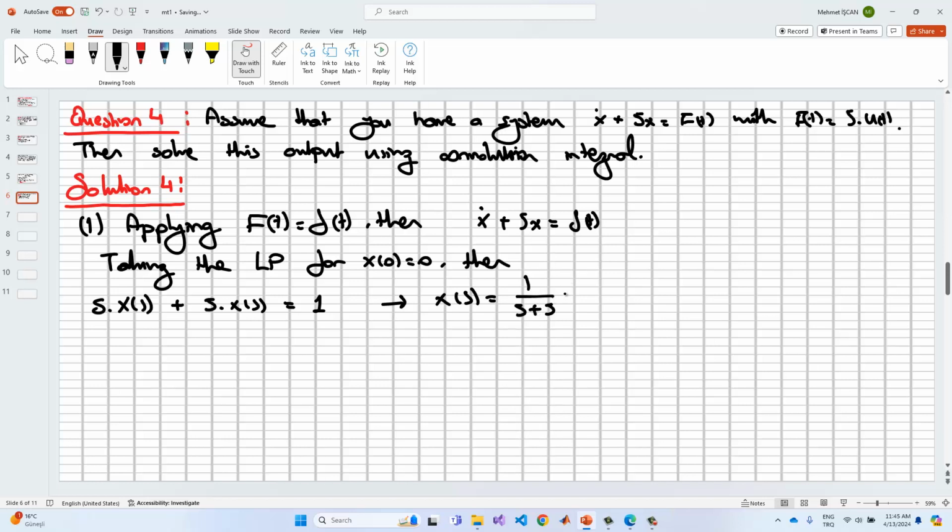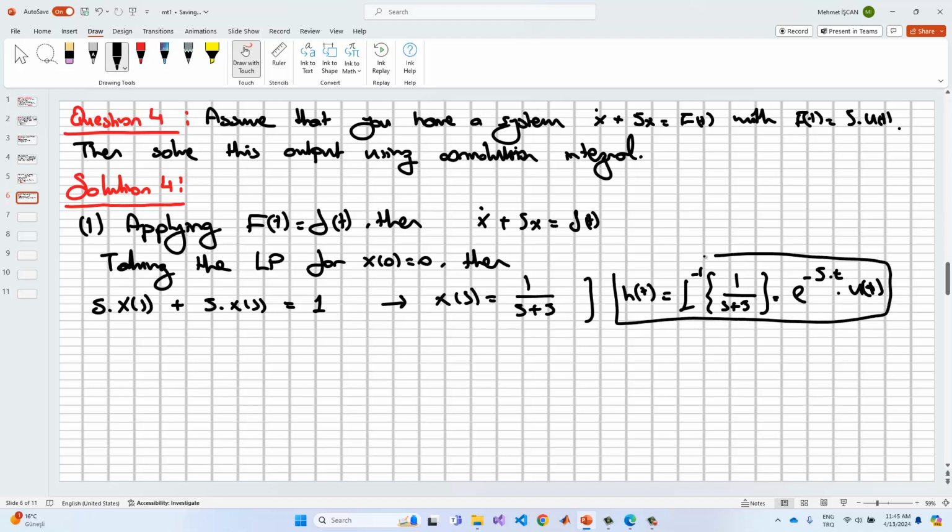Okay, and so taking the inverse Laplace transformation yields the impulse response of this system: L^(-1) of 1 divided by s plus 5, which is equal to e^(-5t) times u(t). Okay, this is the impulse response, the general depiction of the system in terms of the time domain.